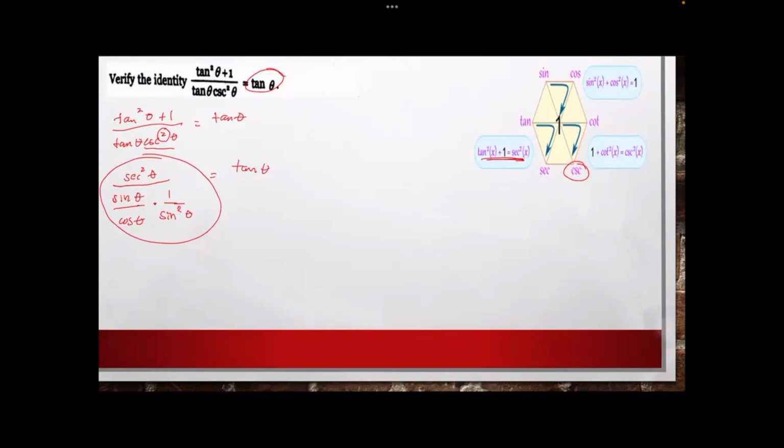Now, in this case, pwede na tayong mag-cancel out ng isang sine, kasi yung nasa baba ay dalawa kasi squared siya. So, matitira tayo dito ng secant squared theta all over the 1 over the cosine theta. So, yun yung pinaka-simplify ng baba.